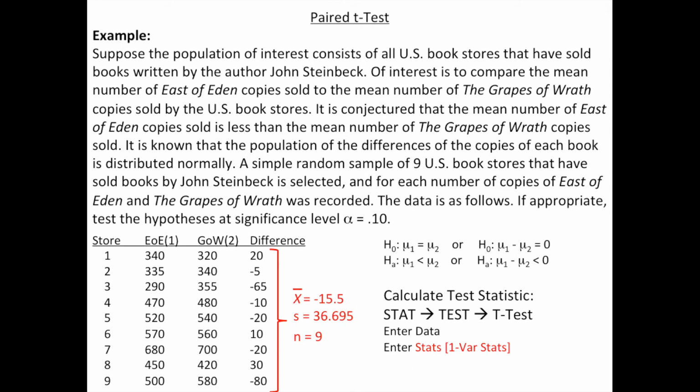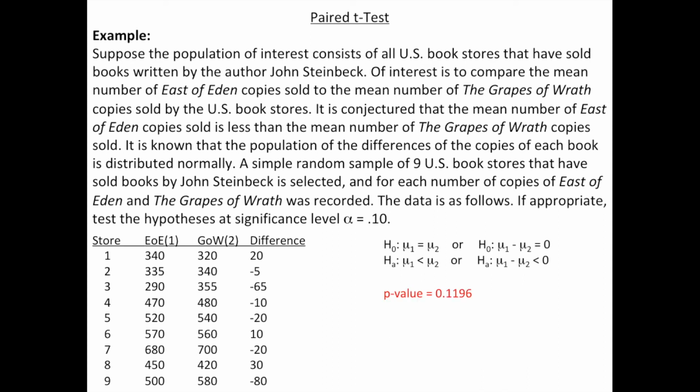No matter the preference, the calculator will give you a t-value and a p-value, and you need to report both. And then you can continue by comparing your p-value to your alpha or significance level.